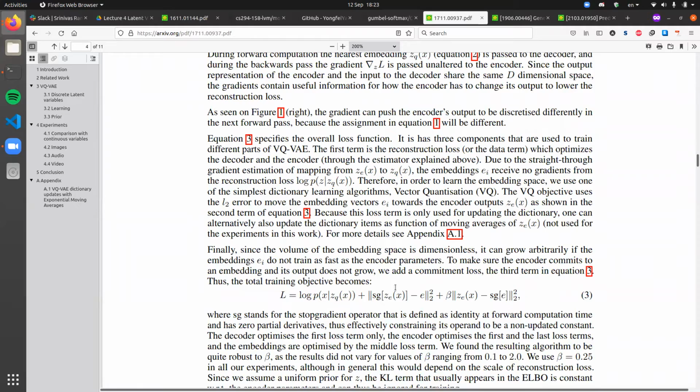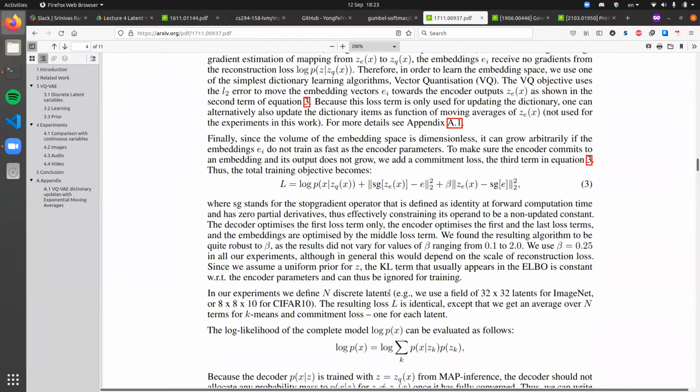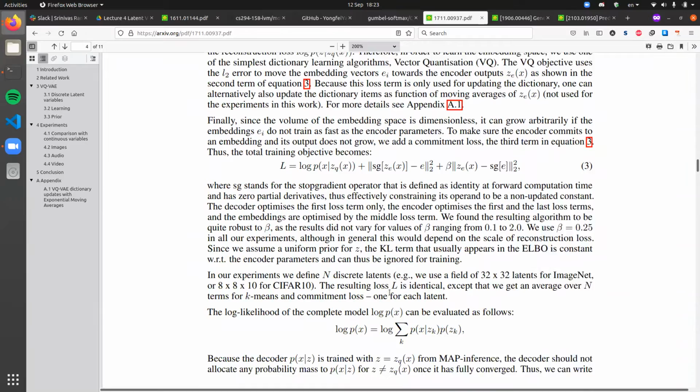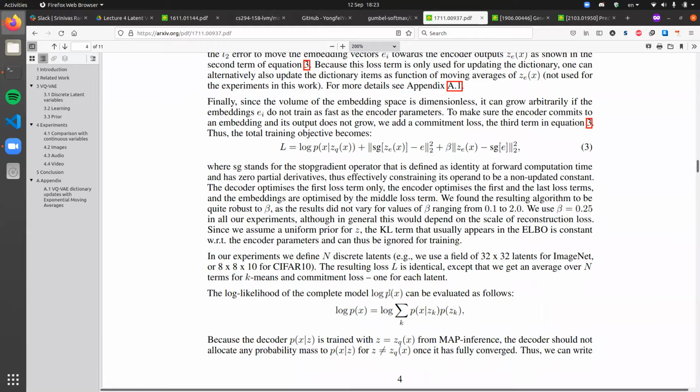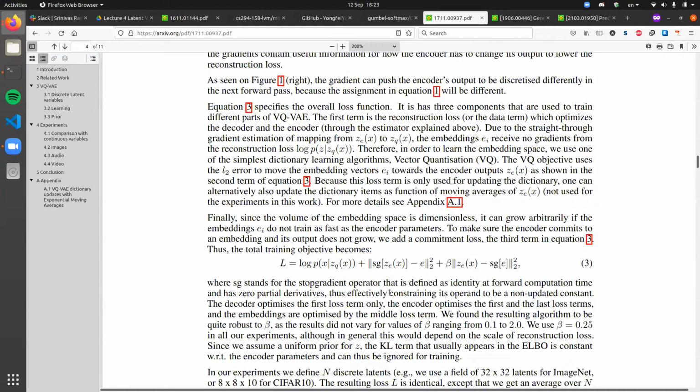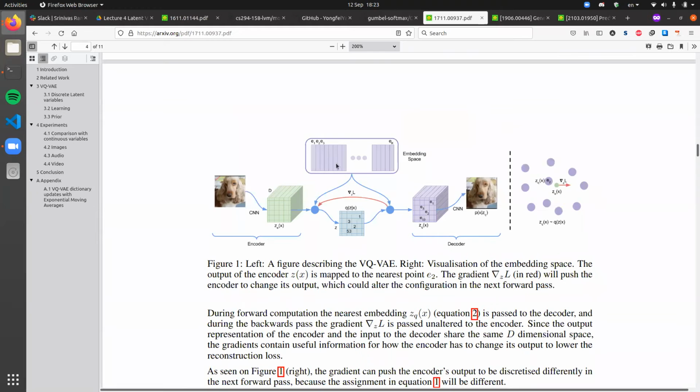And yeah, we will see it in the implementation, and that will become kind of crystal clear. There is another thing: this kind of operation, when we go through the discretization, is not differentiable.